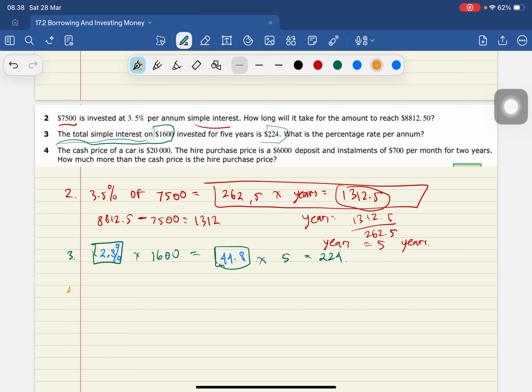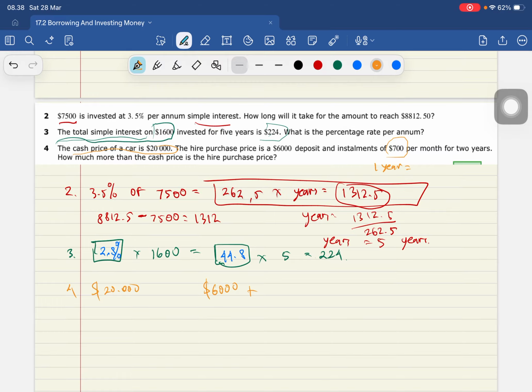Okay, number 4. The cash price of the car is $20,000. The hire purchase price is a $6,000 deposit plus installments of $700 per month for 2 years. 1 year is equal to 12 months, so 2 years is 24.